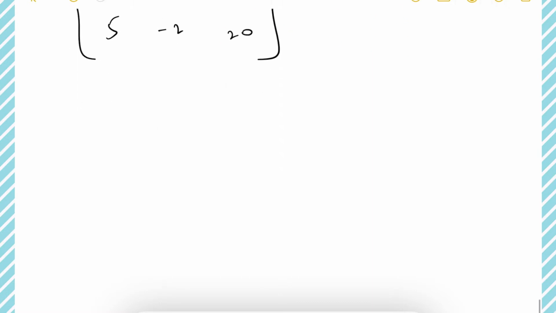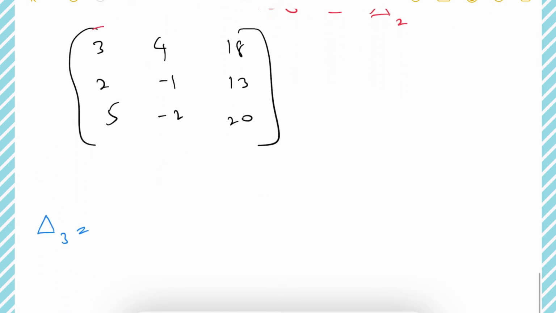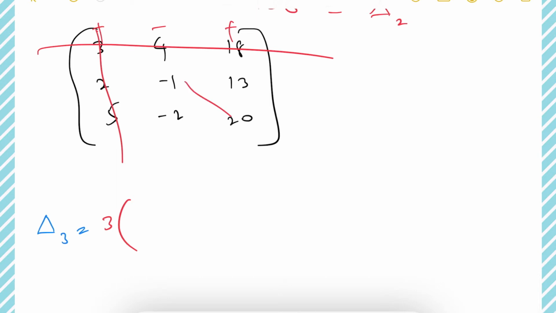So delta 3 is equal to, this will become plus, this will become minus, and this will become plus. Now 3 times, if we remove this row and column, minus 1 into 20 minus 20, so minus 2 into 13 minus 26, it will become plus 26.